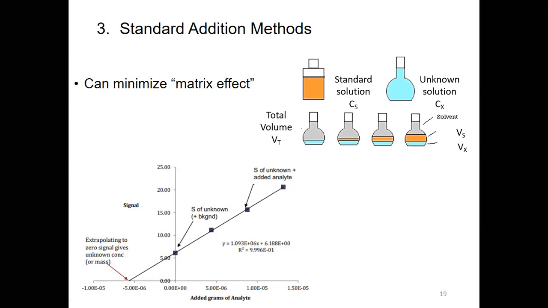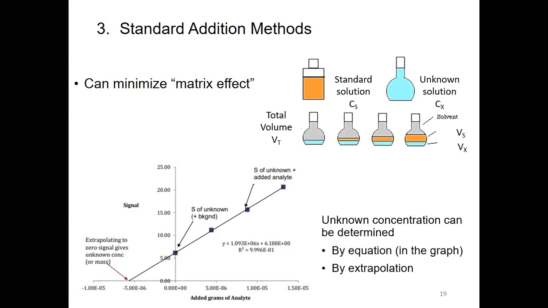So to determine the unknown concentration, we can use the equation in the graph, or we can follow the extrapolation method. Extrapolation means when you extend this, it will give the unknown concentration.